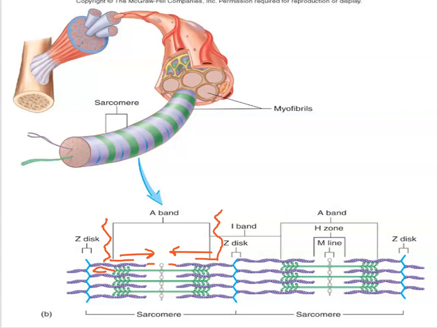As this area is going to also see overlap. So you can kind of imagine myosin grabbing actin here and here, and just two arms grabbing two ropes in opposite directions, and then you pull them towards yourself. Right? Pulling the Z discs closer together and shortening that sarcomere.